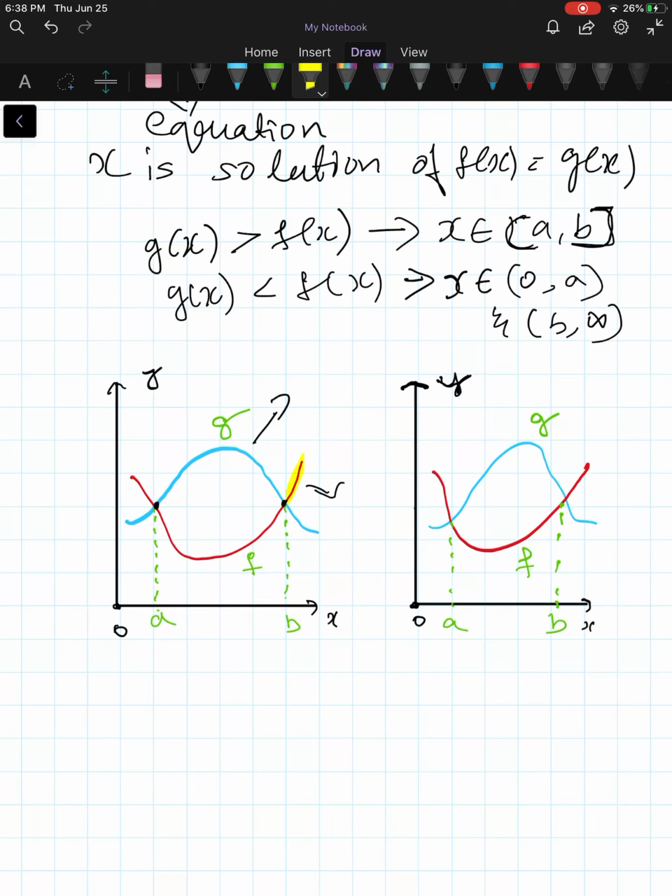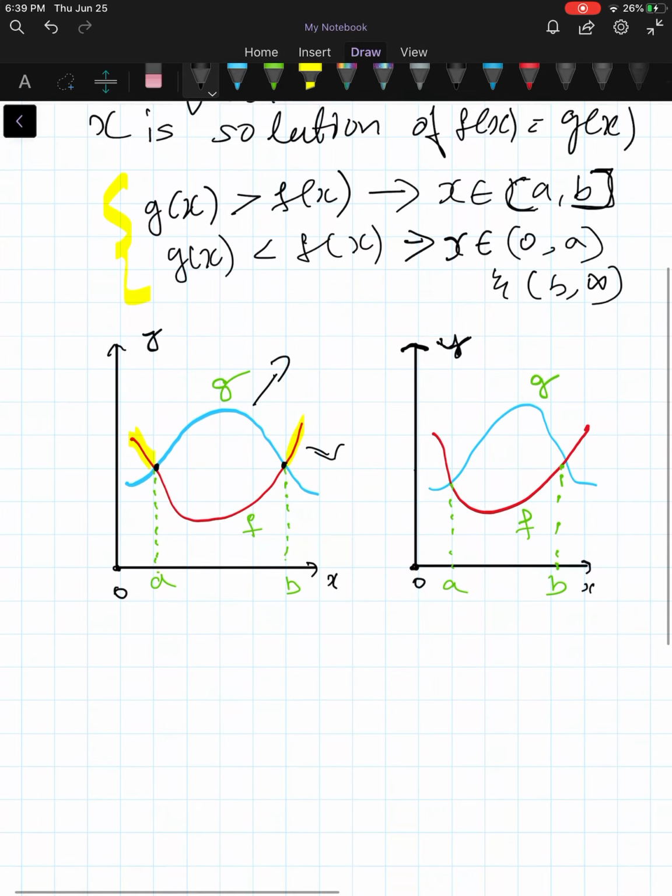Here f of x is higher than g, therefore it satisfies these two inequalities. So this is how you look at the graphs and you find out the solutions as well as the solution for the inequality.